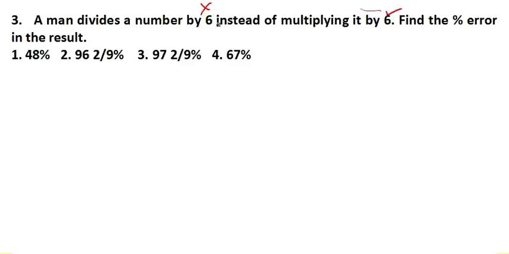When you take the LCM of 6 and 6, you get 6. You are supposed to multiply the number by 6, but you ended up dividing the number. So when you divide, you get 1, but when you multiply, you get 36.